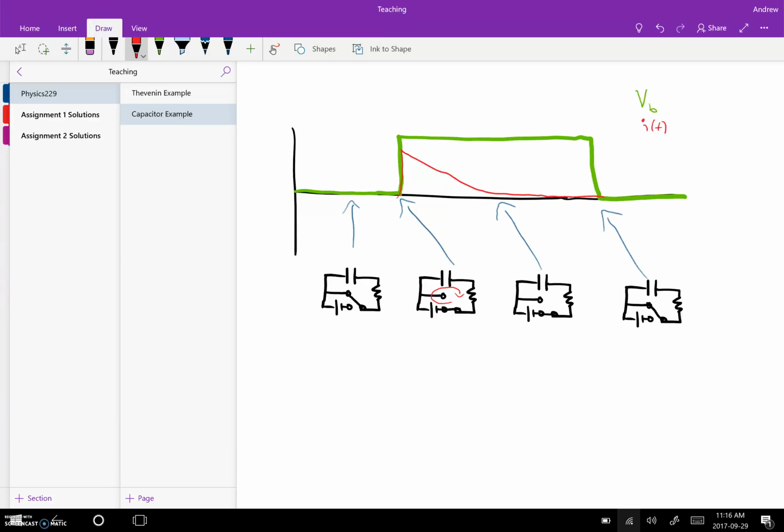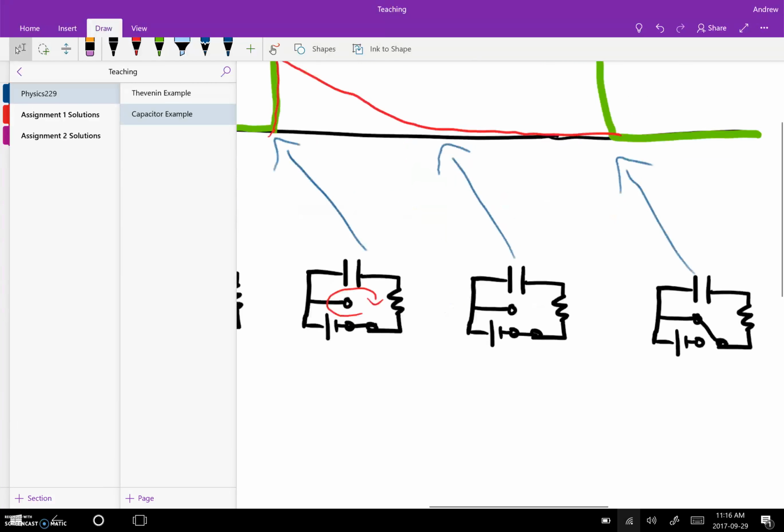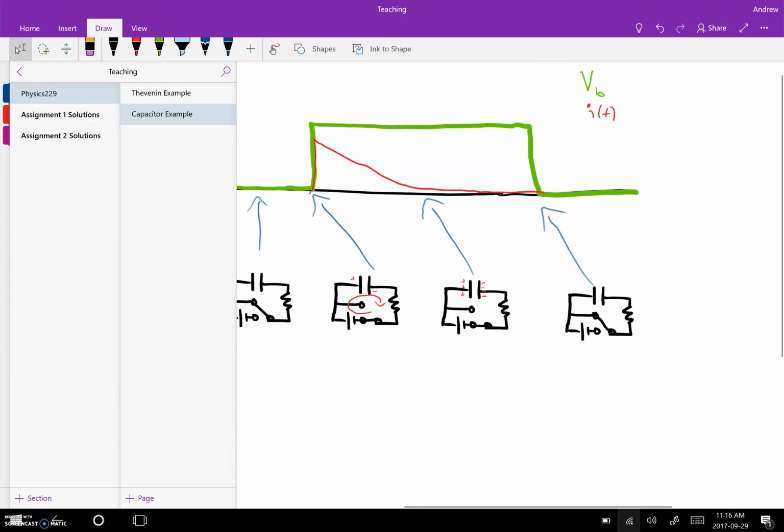As it charges, there'll be one plus here, and one minus. There'll be less and less current flowing as this capacitor begins to charge. Why? Well, as we're dumping more and more charges on here, it becomes harder and harder to put more charges on there, until eventually it's so hard that no current will flow.